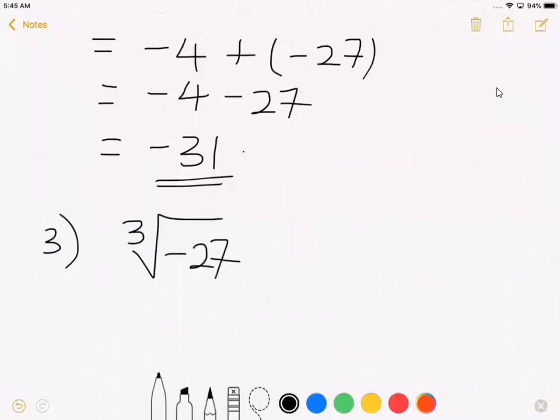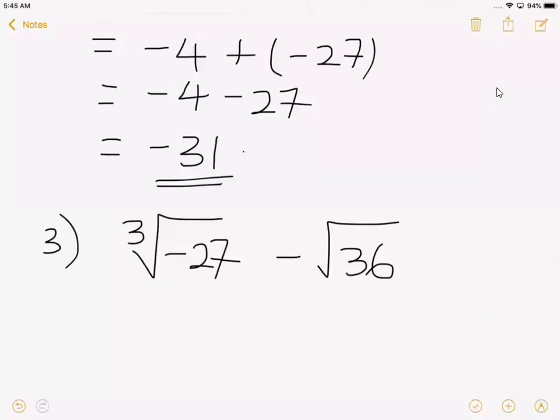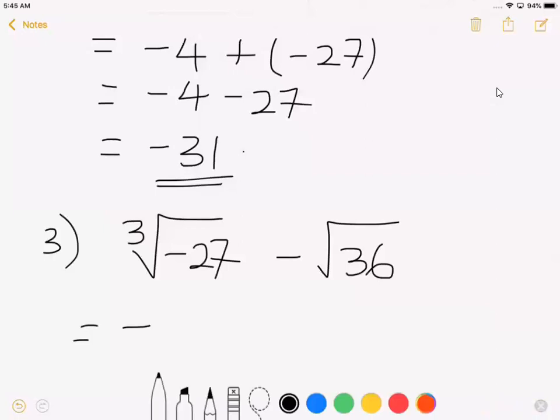The cube root of minus 27 minus the square root of 36. The cube root of minus 27 is equal to, we are looking for a number so that when I multiply that number by itself 3 times, I get minus 27. The cube root of minus 27 is minus 3. And what is minus the square root of 36?